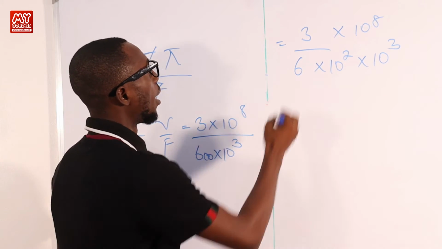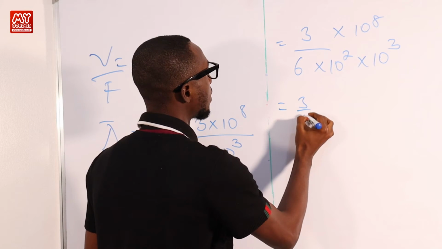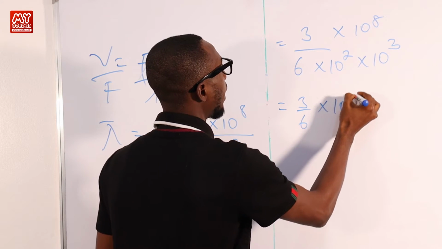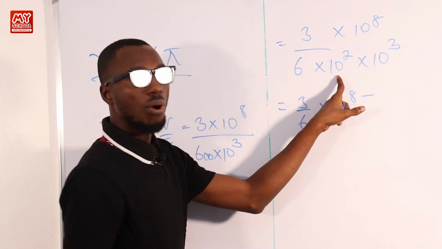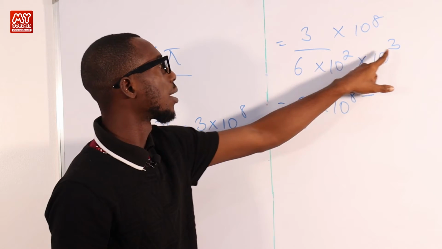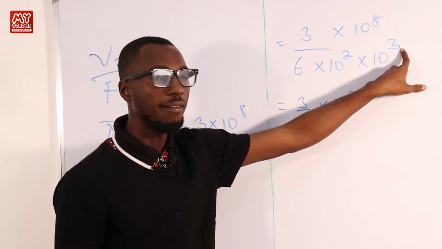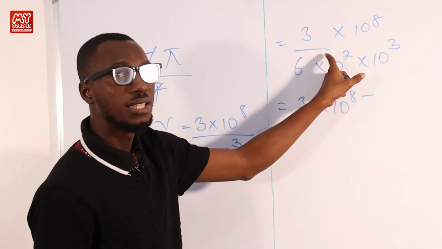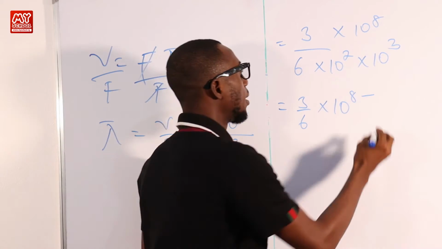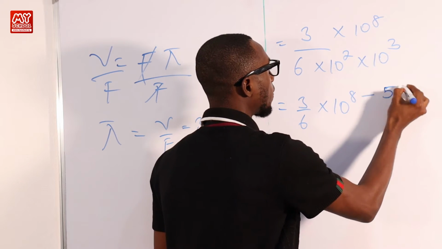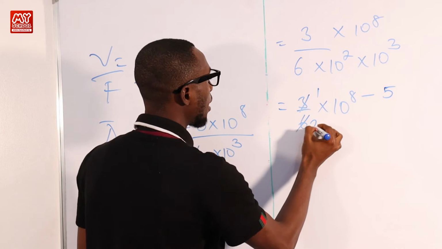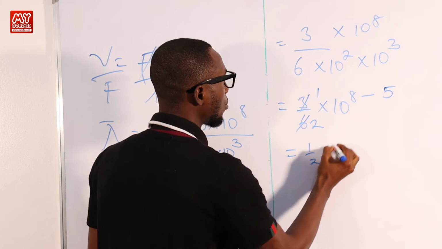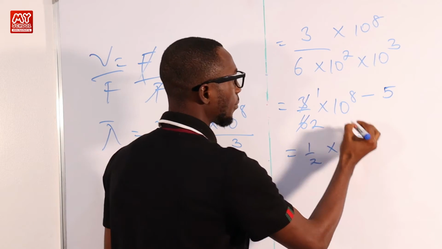So I would have 3 over 6 times 10 raised to power 8 minus, in the denominator, 2 plus 3, that is 5. Division means subtraction of powers, so that is 10 raised to power 8 minus 5, which is 3. So I have 1 over 2 times 10 raised to power 3.